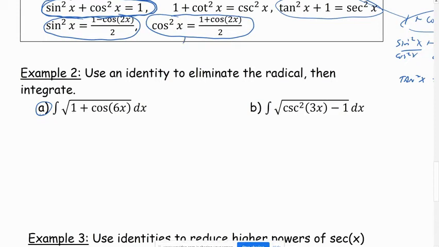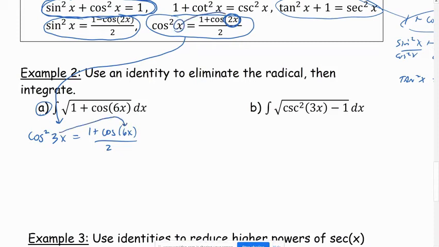So taking this identity, if we adapt it, since there's a 6x here instead of a 2x, we could say cosine squared of 3x equals (1 plus cosine of 6x) over 2, because this quantity doubles. Just like this was an x, now it's a 2x. So this is just a variation of that formula.